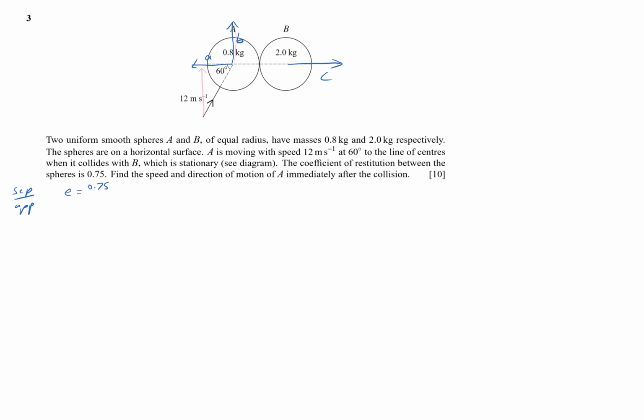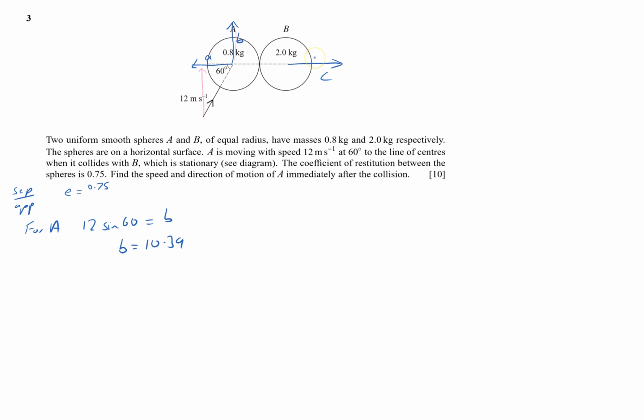For A, we're going to have this bit here, which will be 12 sin 60. So 12 sin 60 will equal B, and so B equals 10.39 roughly. That's the first thing I've got in that direction.